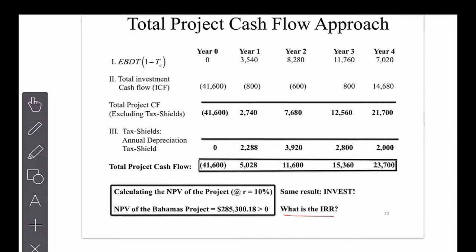Remember, to clear your CF functions, you have to hit CF first and then second clear work. Otherwise it won't clear. So make sure you do that. And it's clean.